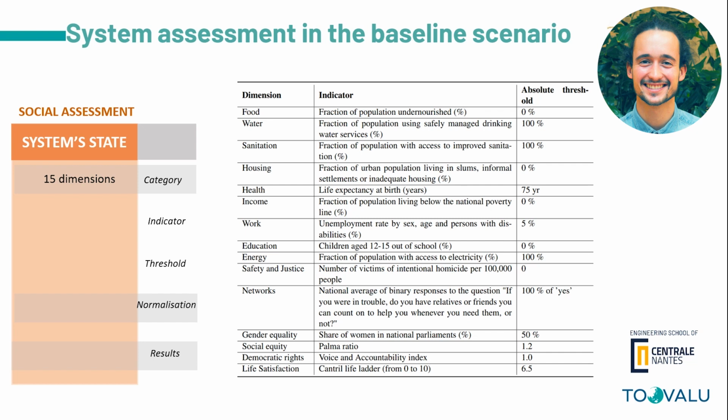We associated indicators to each social dimension, and then we defined some thresholds to define where we can observe no deprivation or when there is a deprivation. So for example, in the food dimension, we define that there is no deprivation when 0% of the population is basically undernourished. So this was based on literature review, on the donut theory, and on the theory of social human needs.